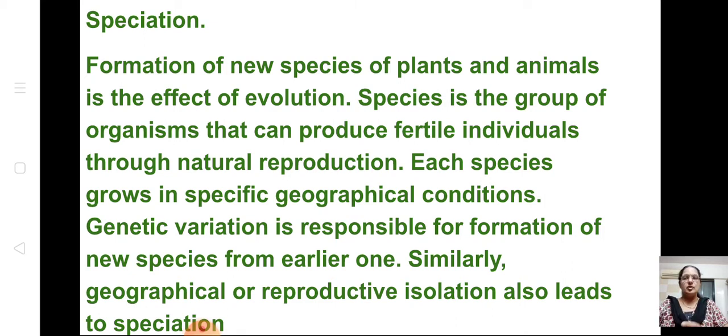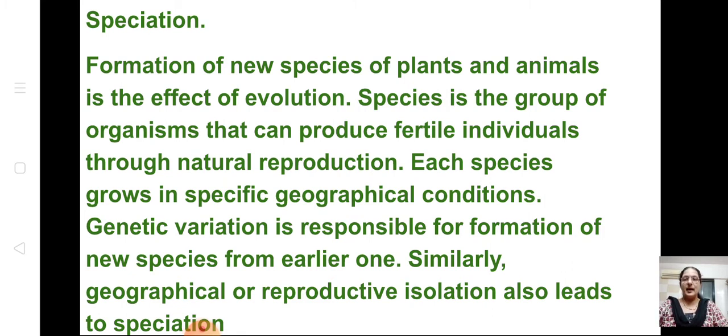That means when we separate one group of organisms from one part to another. Suppose we leave some animals in the desert, and the same species in another region. Due to the surroundings, their evolution will be different, and the new species formed will be different from the earlier one.